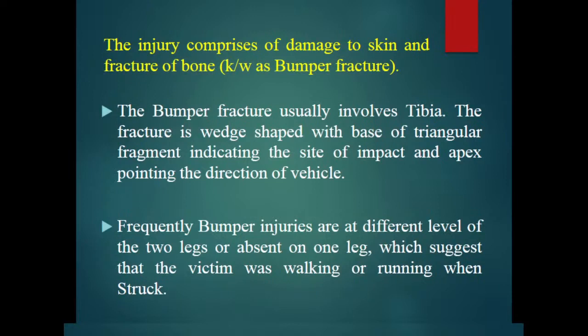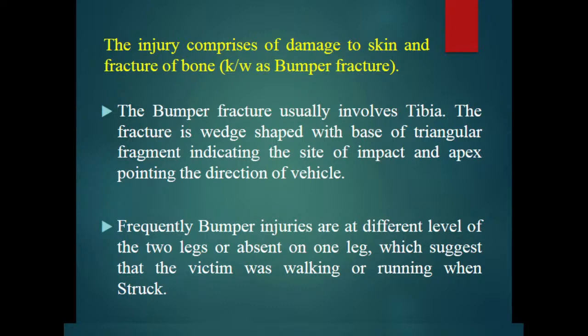Primary impact injury usually comprises damage of the skin and fracture of the bone, the so-called bumper fracture. The bumper fracture usually involves the tibia, but it depends on the level of the fracture. This fracture usually has the shape of a wedge, and the base of this triangular wedge indicates the site of the impact. The apex of the wedge points towards the direction of motion of the vehicle. Sometimes bumper fractures on different legs could be situated on different levels.